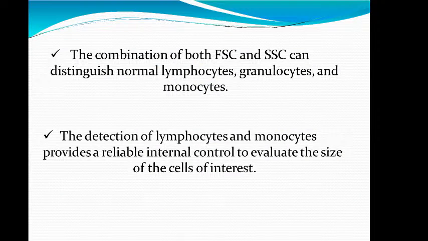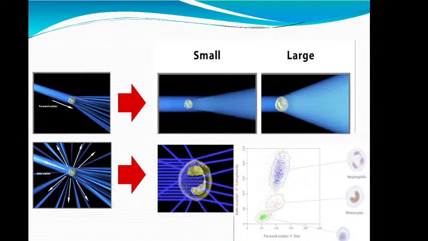So the combination of both forward and side scattering can distinguish normal lymphocytes, granulocytes and monocytes. Like we are able to distinguish the types of cells which are present in the blood. The detection of lymphocytes and monocytes provides a reliable internal control to evaluate the size of the cells of interest.